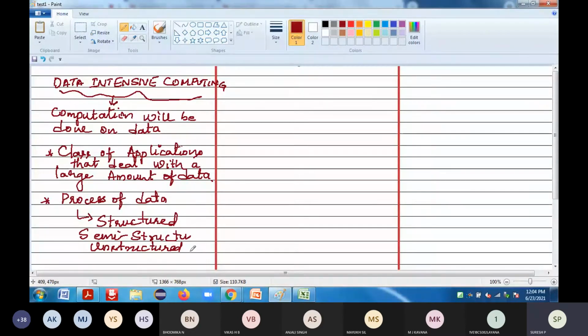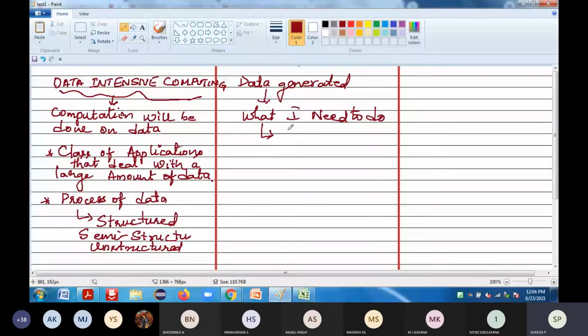In applications from computational science to social networking, where a large amount of data is generated, what do I need to do with that data? I may require that data in the future for some purpose.